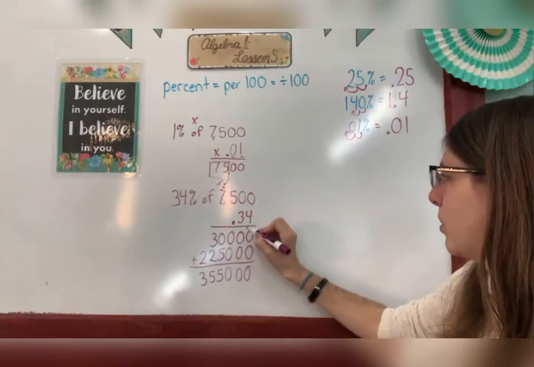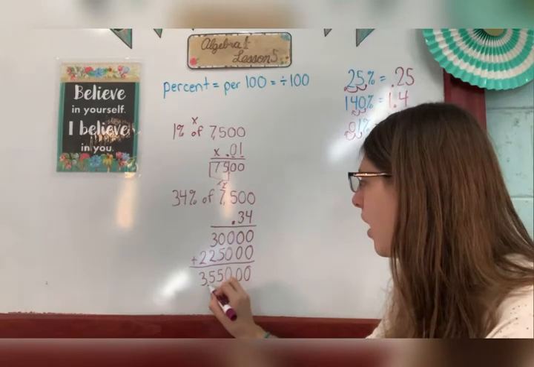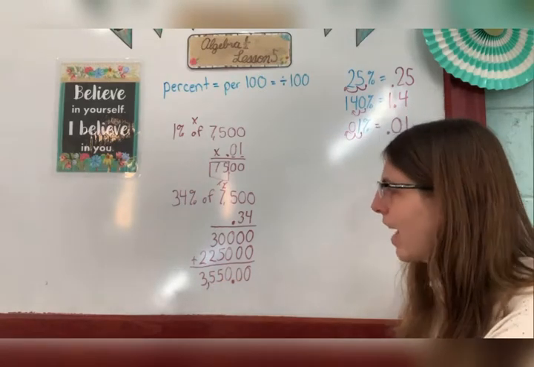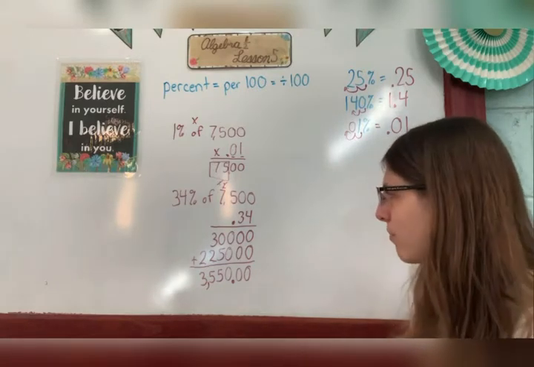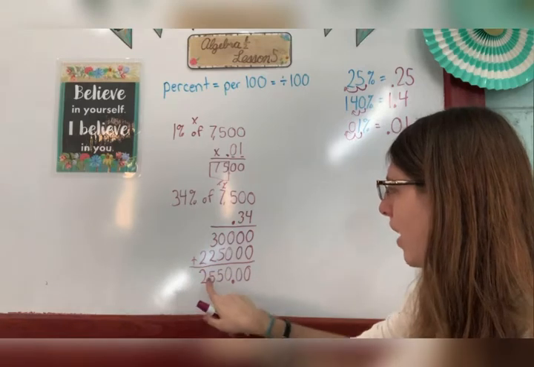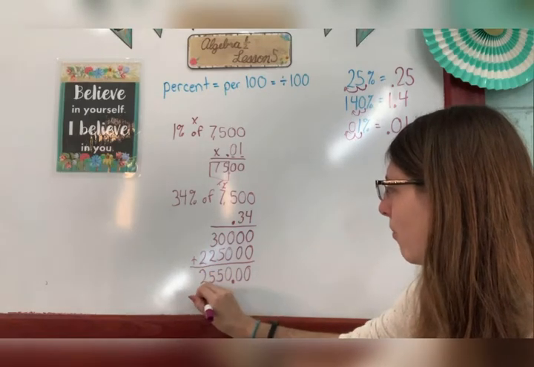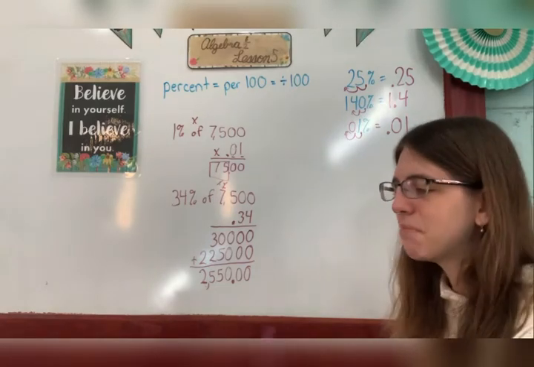I have 2 decimal places, so I move my decimal point over. So I get 3,550 as my final answer, okay? Oops, not 3,000, excuse me. Don't know where that came from. 2,550 as my final answer. Okay? It's as simple as that, nice and easy.